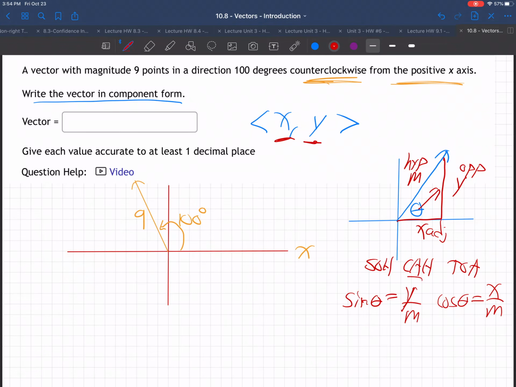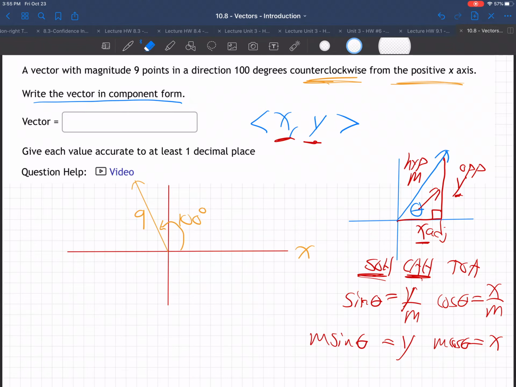So cosine is adjacent over hypotenuse, sine is opposite over hypotenuse in a right triangle. When we talk about the x and the y components, x goes sideways and y goes straight up and down, so that makes a right triangle. So therefore y, if you multiply by m, is m sine theta, and x is m cosine theta.